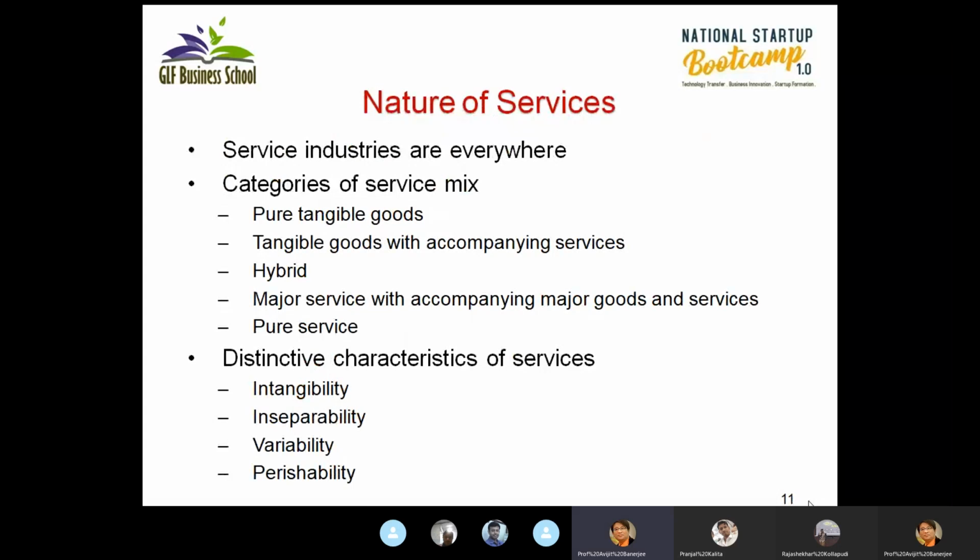There are different economic facts like share of GDP and employment generation, and all these facts point towards the growing interest in the service sector across the globe. To examine the nature of any service, you will find that service industries are everywhere. There are categories of service mix and the distinctive characteristics of services.